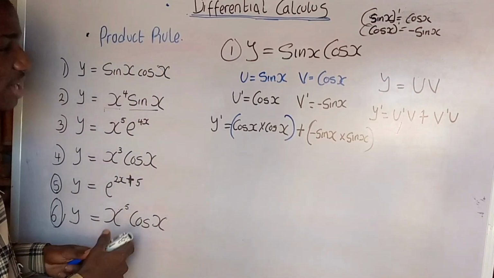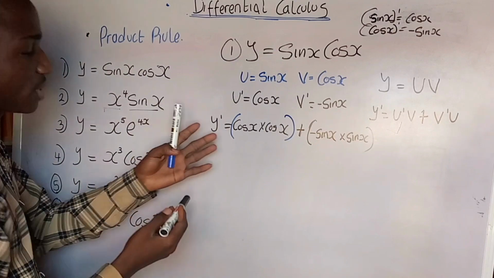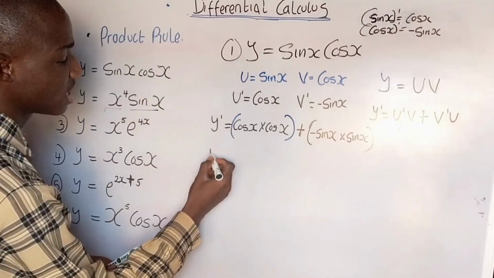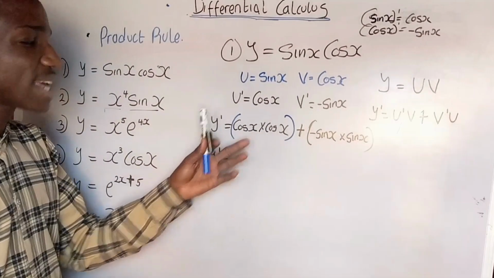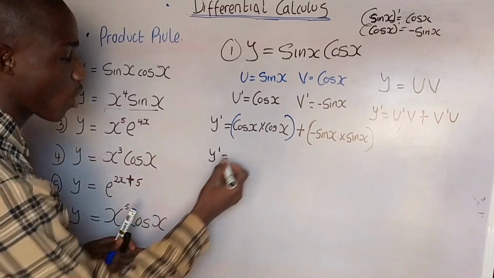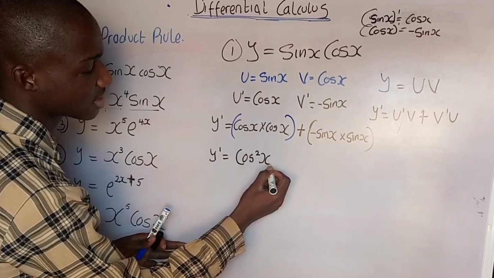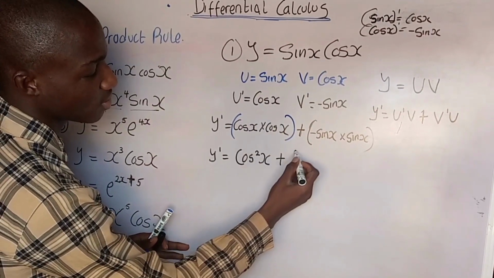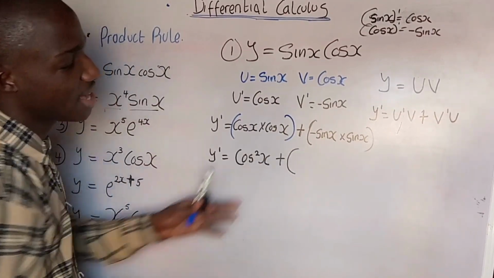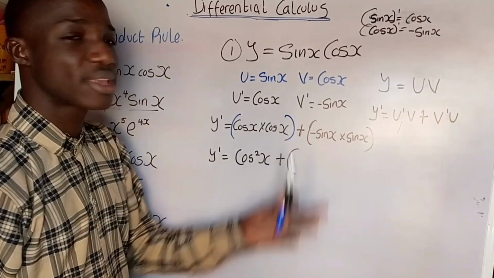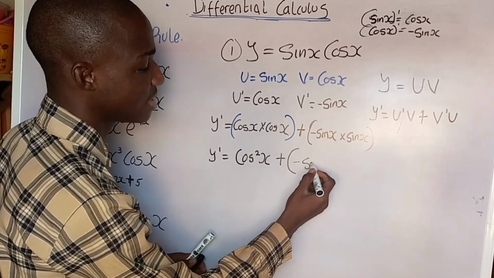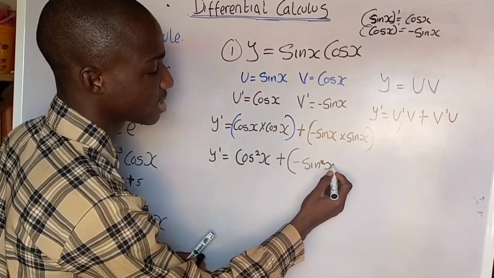So let us try to solve all the parameters inside the bracket. So I'm going to have the derivative of y is equal to cos x multiplied by cos x. That is cos square x. Cos square x plus, don't forget we still have another bracket here, minus sine x multiplied by minus sine x. That is minus sine square x.